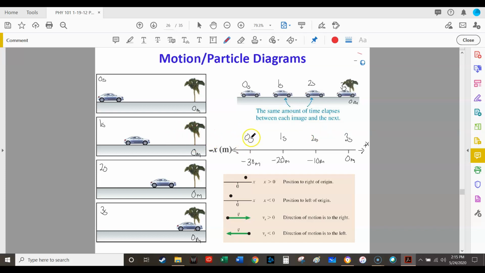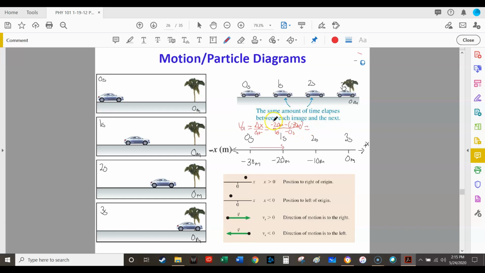From the 0 second mark to the 1 second mark, the object started here and then went to there. You can see that its displacement is going to be negative 20 meters minus negative 30 meters over 1 second minus 0 seconds. So the velocity from the 0 to 1 second mark is the displacement over time, and that is negative 20 meters minus the negative 30 meters over 1 second minus 0 seconds.